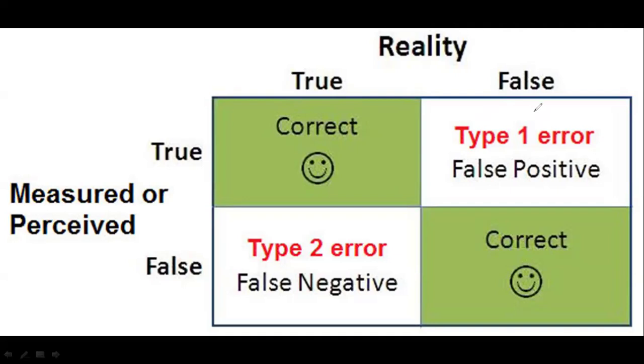Type 1 error is the one where the situation is false, but your research considered it true. That is considered a false positive. For example, a person thought that I might be having a heart attack.